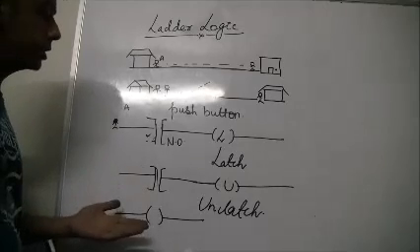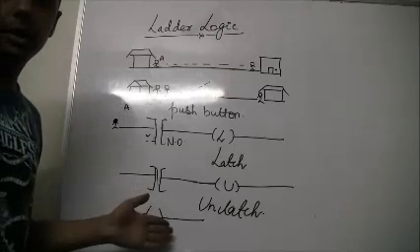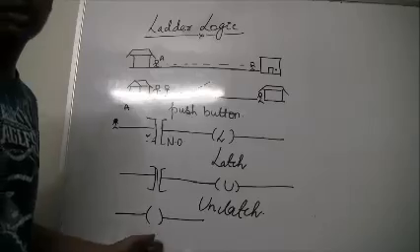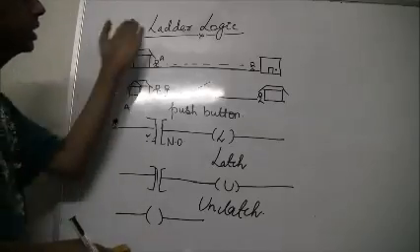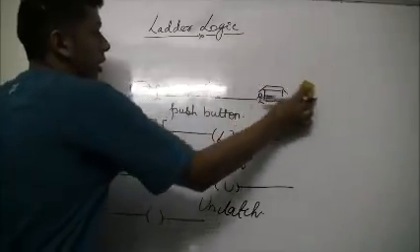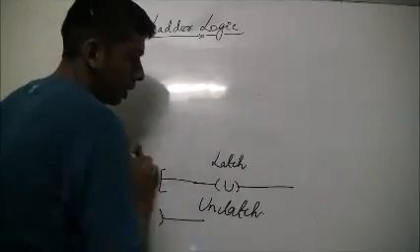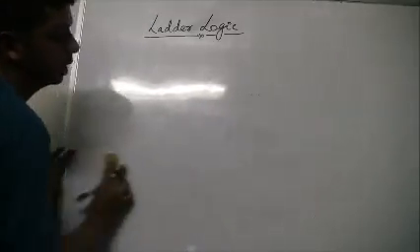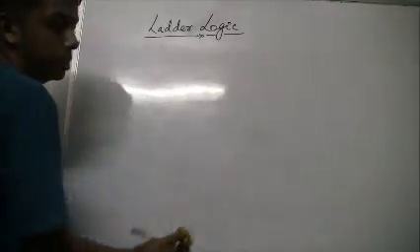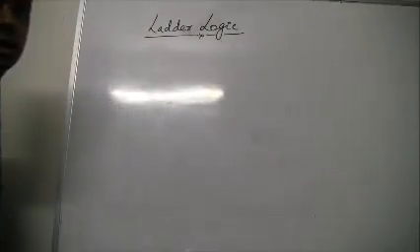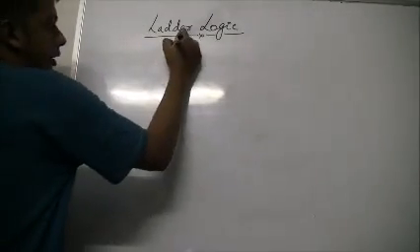Once it has energy, it completes the circuit, else it remains off. So this is ladder logic. Using these switches, we can make multiple applications. And one application that we are going to see today is that of an elevator.